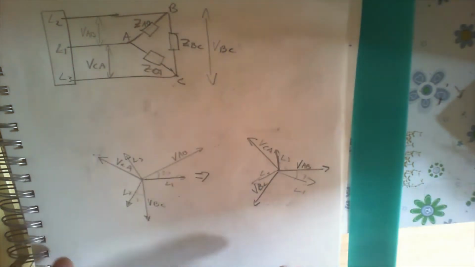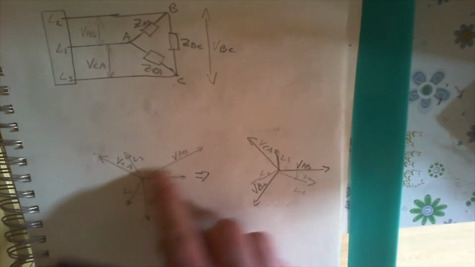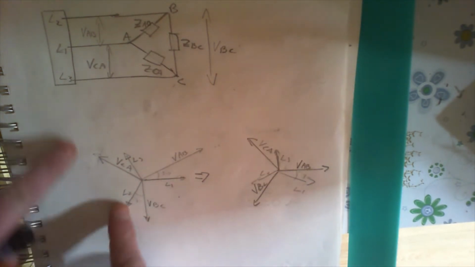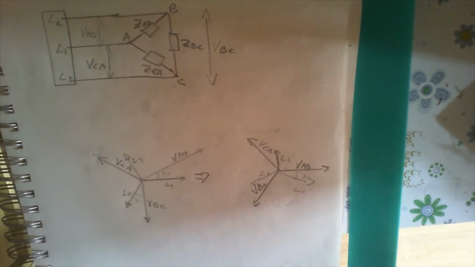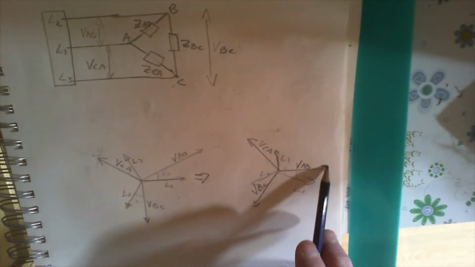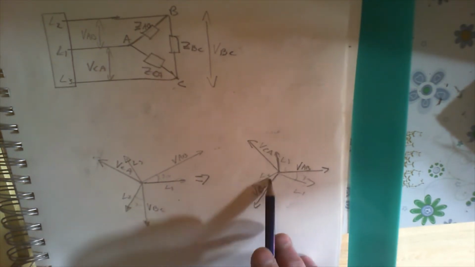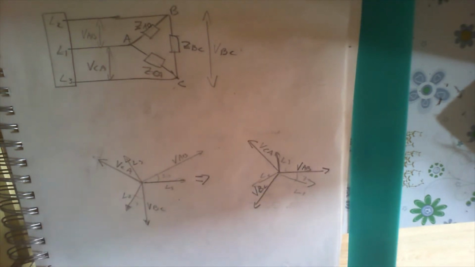And what we do is we want to use this as a reference voltage here, so we rotate that around 30 degrees and add the 30 degrees to all the other vectors, and that means we're left with VAB, VBC and VCA, and we can kind of disregard these. We don't really need to know what these are.